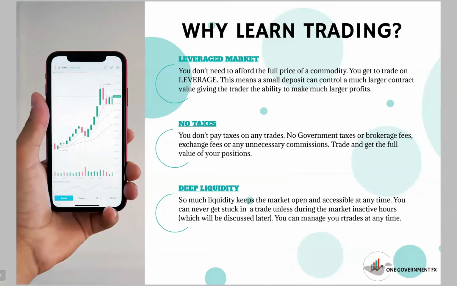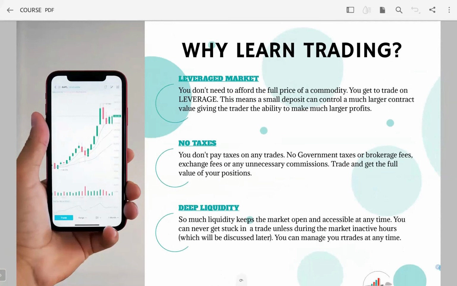Okay, so now moving on. The forex market is a leverage market. What it means is you don't need to afford the full price of a commodity to get to trade on leverage. Leverage is a term we would understand further on in the course too. So this means that a small deposit can control a much larger contract value, giving you, the trader, the ability to make larger profits.